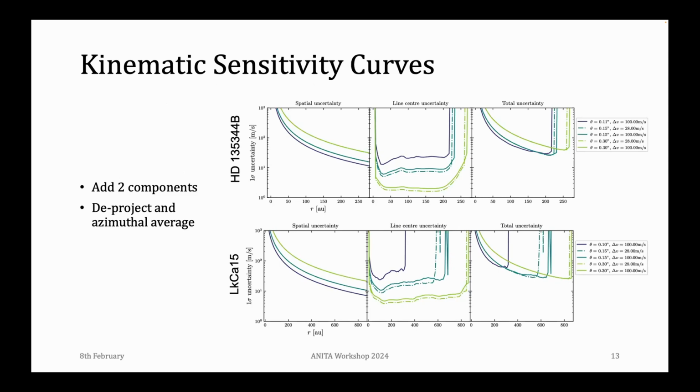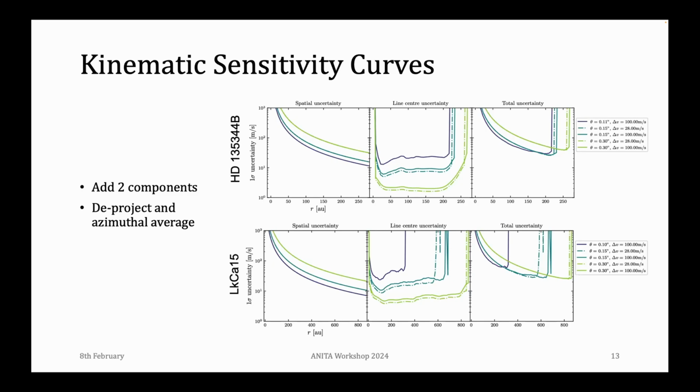So this is for 2 disks in the sample, HD135 and lit calcium 15. In the left panel, I've got the contribution from the spatial uncertainty. And you can see that as you go to smaller radii, this basically explodes, note the logarithmic scale. And then in the middle, we've got the uncertainty with radius from the line fitting.